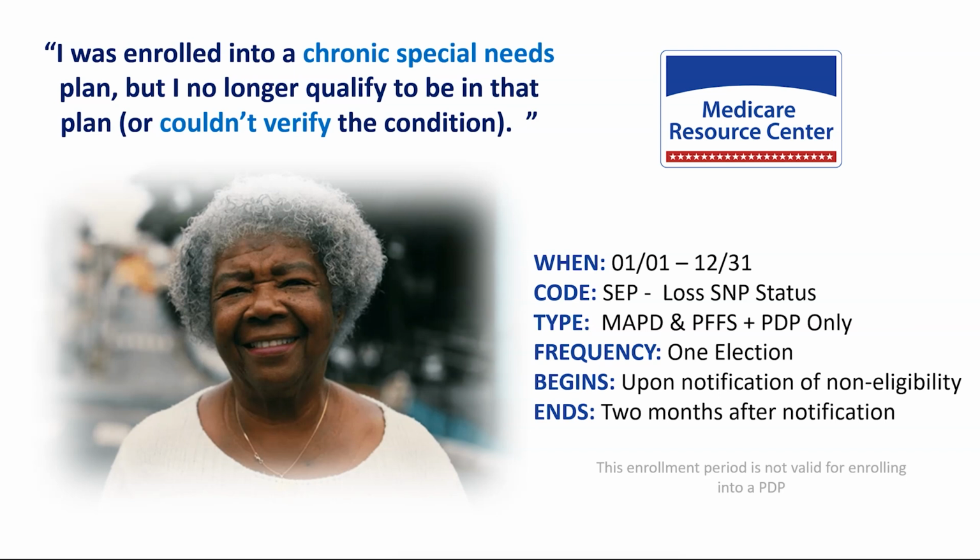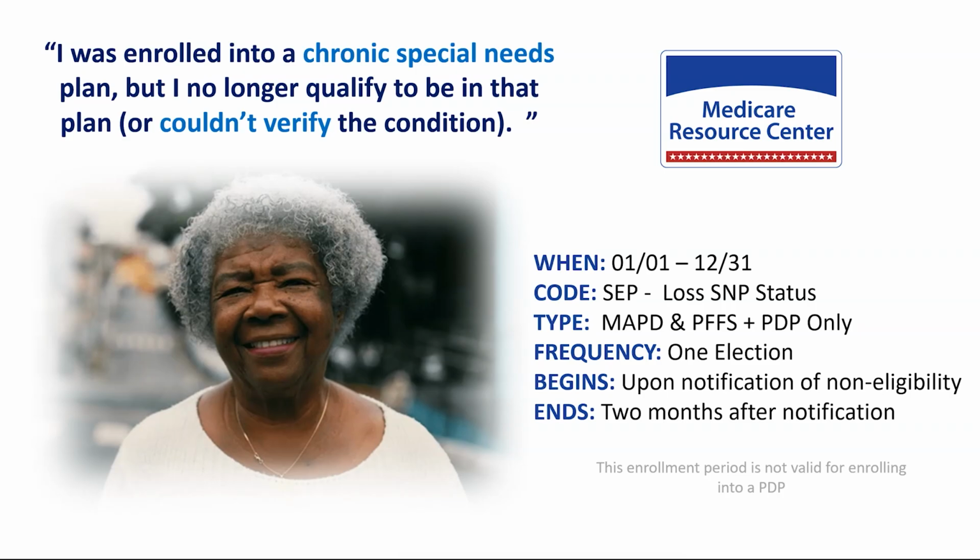Now, I want you to focus on the words here. I was enrolled in a chronic special needs plan, okay? So maybe they're cured of the diabetes, so I no longer qualify for that plan. Or, look at this. They couldn't verify the condition. And if that happens, they'll get a letter that says, hey, you can no longer stay in your chronic special needs plan. You no longer qualify.